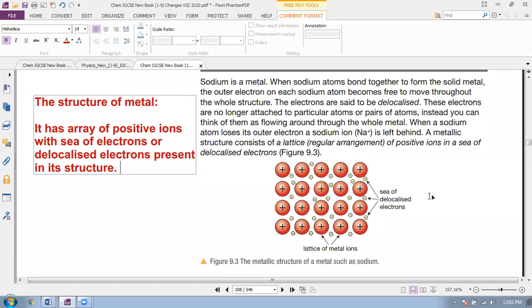These electrons are negatively charged and the ions are positively charged. So there is an electrostatic force of attraction between the positive ions and the negative delocalized electrons.